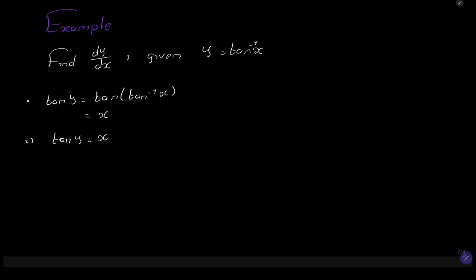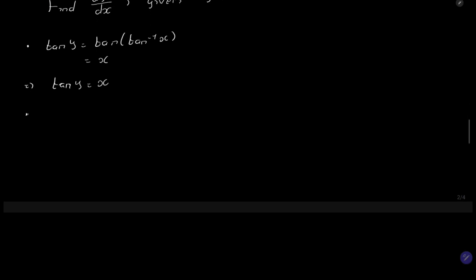So after this, we move on to our next step, which was to differentiate this implicitly. We apply the derivative with respect to x on both sides: d/dx of tan y equals d/dx of x.